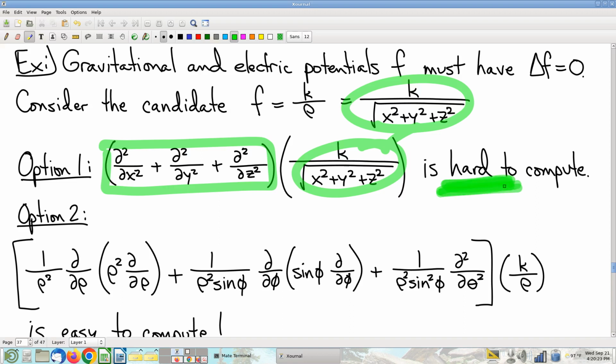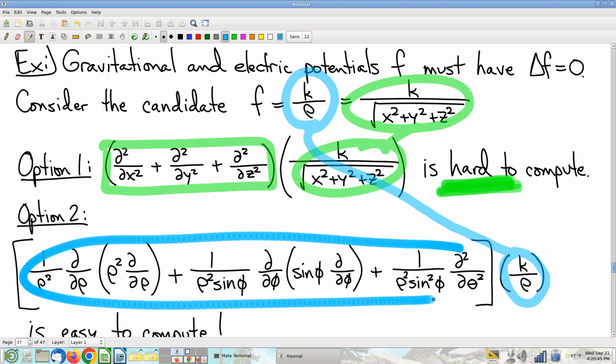Because there are fractions and denominators and square roots and more fractions because the exponent's a fraction. Oh my God, what a pain. You can do it, but it's a pain. Here's your alternative. You can use the same function, but written in spherical form, and use the spherical Laplacian, and you can compute this instead.